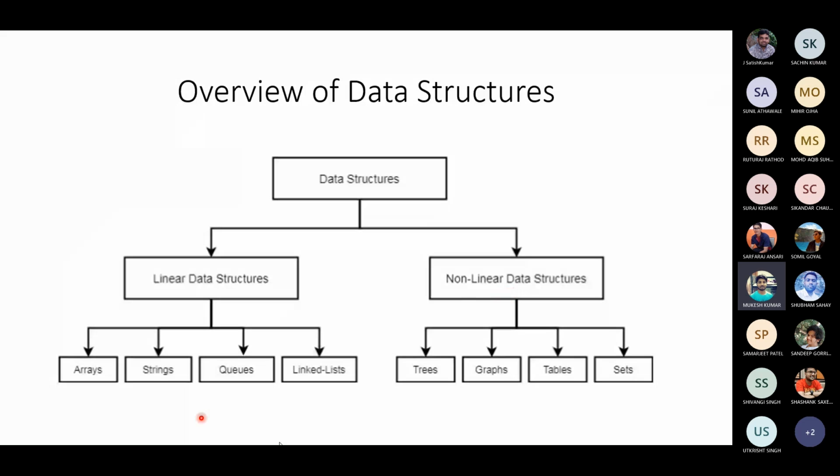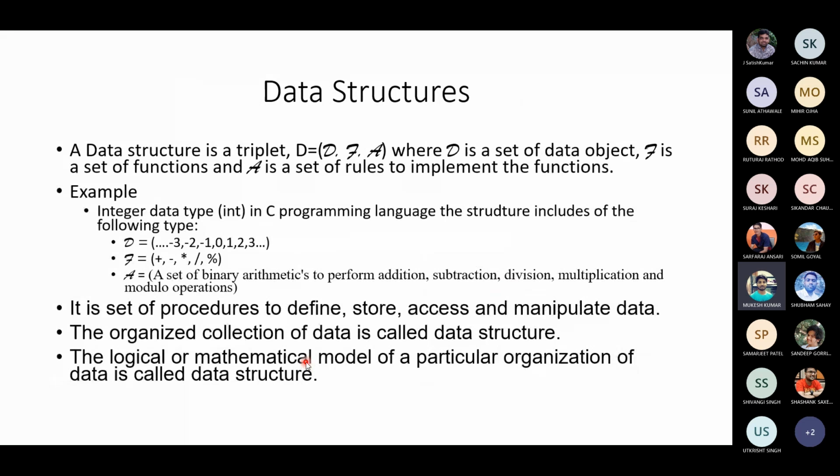So these are the various data structures that we are going to look at. At least we'll try to cover as much of the fundamentals as we need. Once again, this is important for logical understanding. The logical or mathematical model of a particular organization of data is called a data structure. Also, it is a set of procedures to define, store, access, and manipulate data.